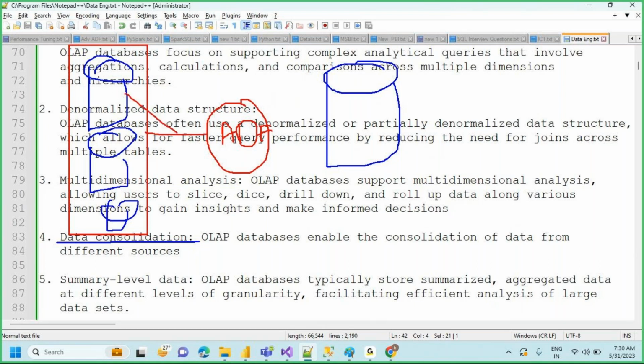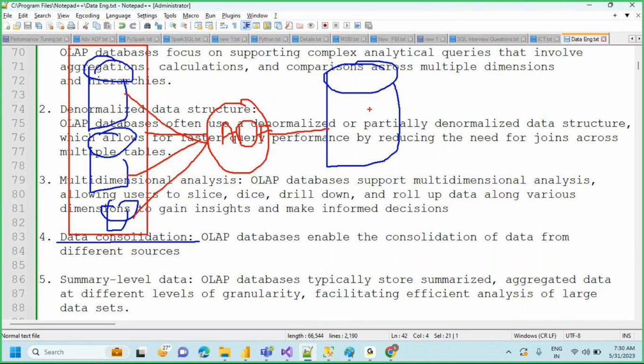We are going to integrate them, combine them, and then load the data into the destination.